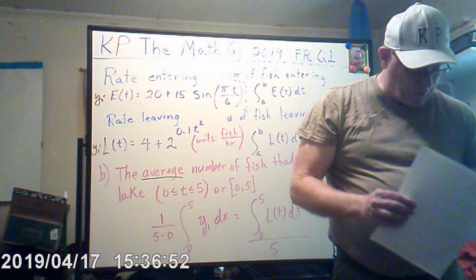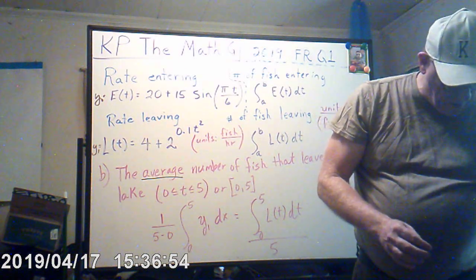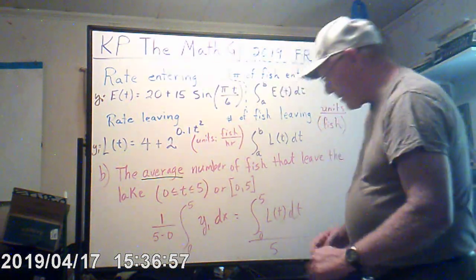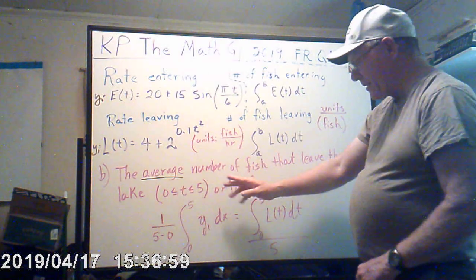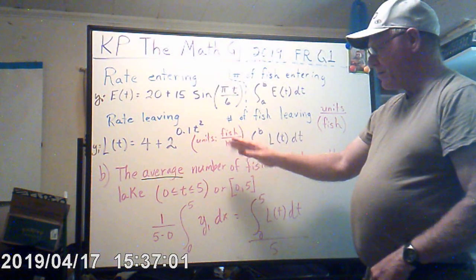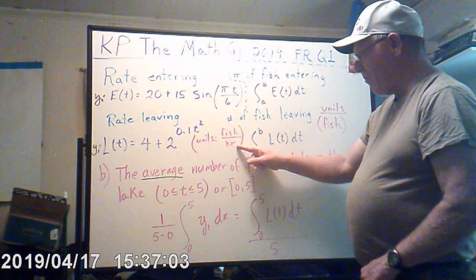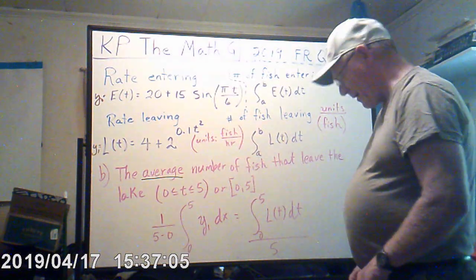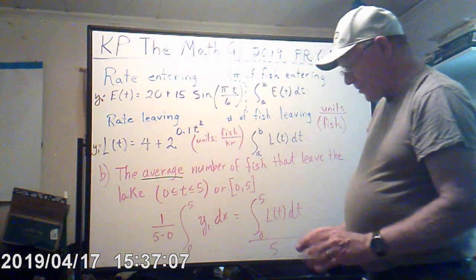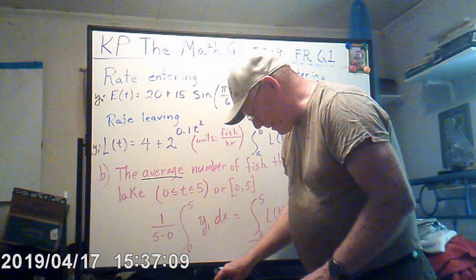6.059 fish per hour. So it is going to be in fish per hour. Now remember, average is going to be still the number of fish over the time. So that's what you've got to remember about that one.